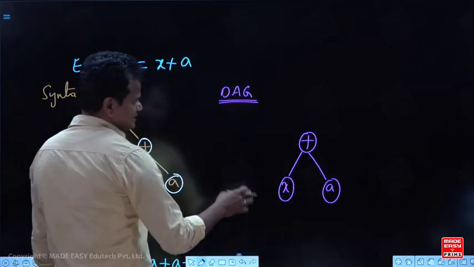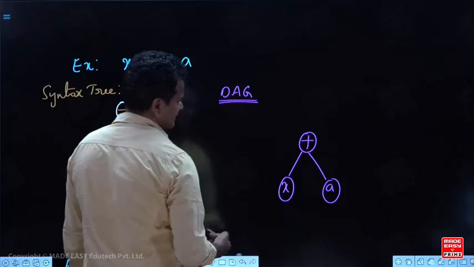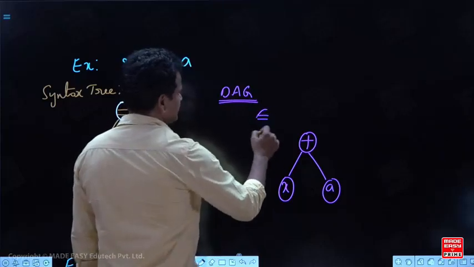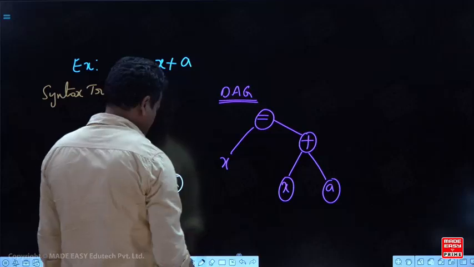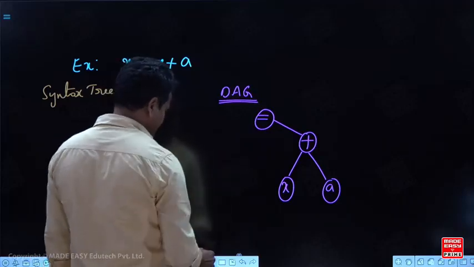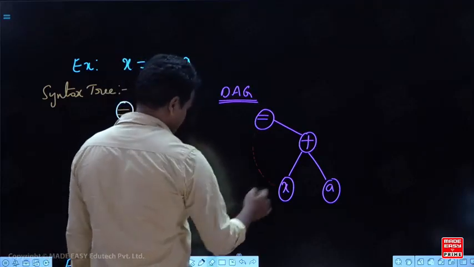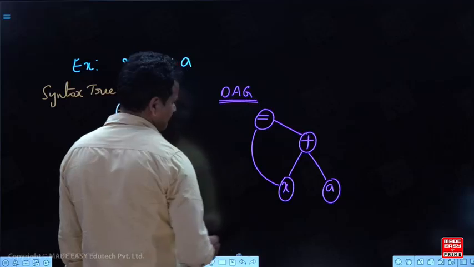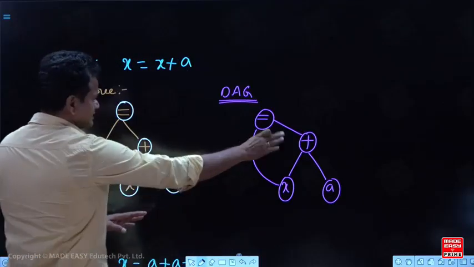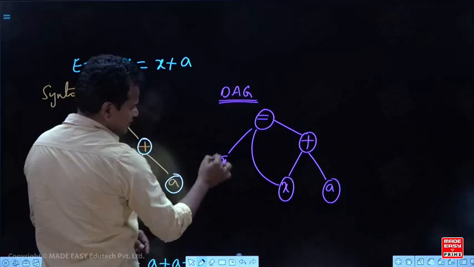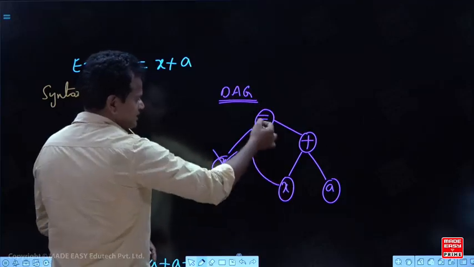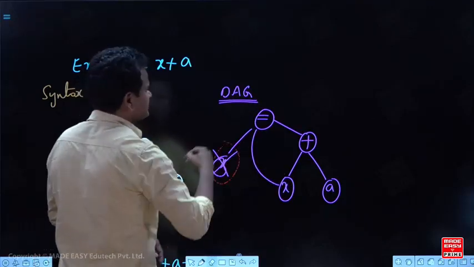Now this result is x plus a, and this must be equal to x. So where is x? We have already created x, so we take this one. Actually this result is equal to x, but instead of writing x again, we use the one already created. So this is the DAG.